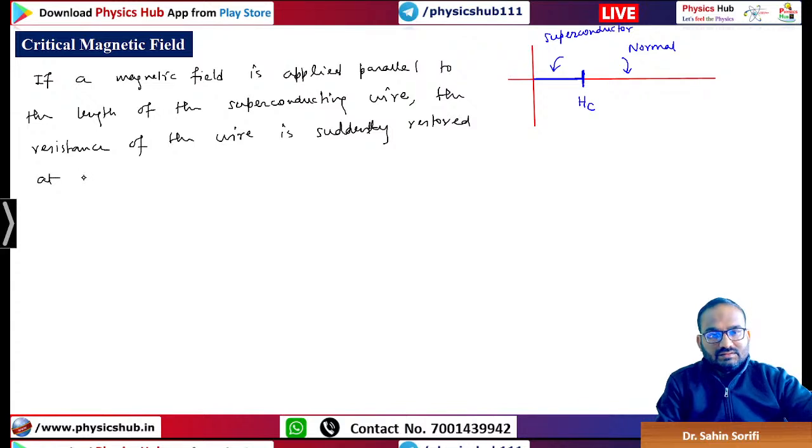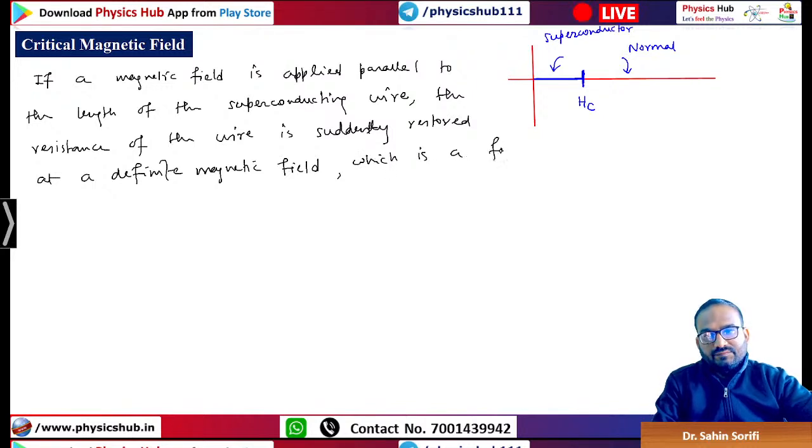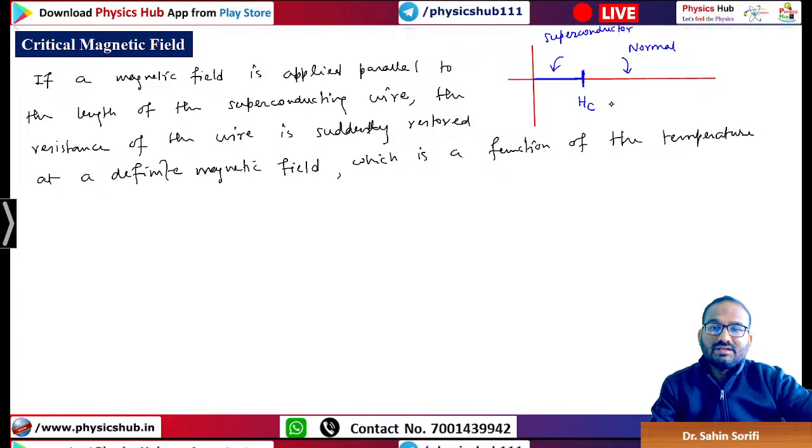at a definite magnetic field, which is a function of the temperature. If you maintain it at lower temperature, this critical value will be more. Okay, so it is a function of the temperature.